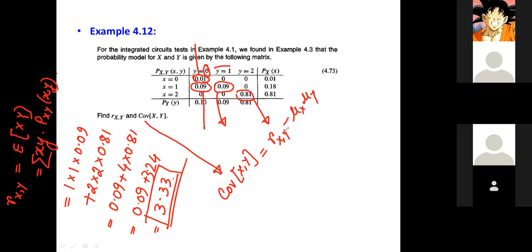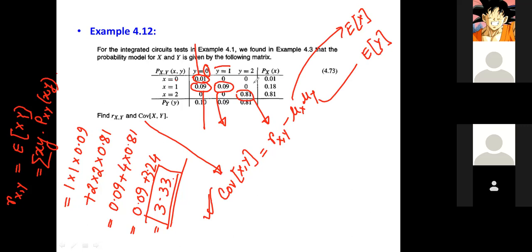In one theorem there were three rules given, and one of the rules is this one: covariance of xy equals correlation minus mu x mu y. What is mu x and mu y? Mu x is the expectation of x and mu y is the expectation of y.